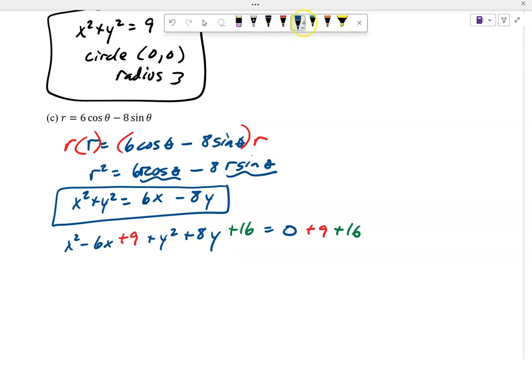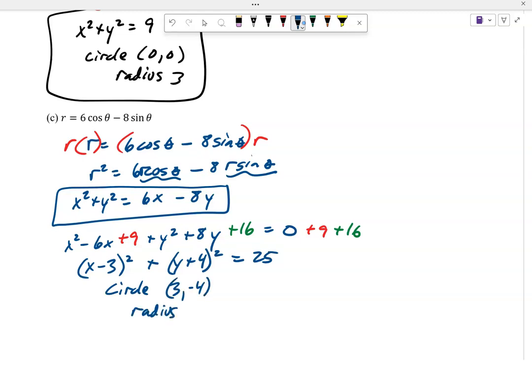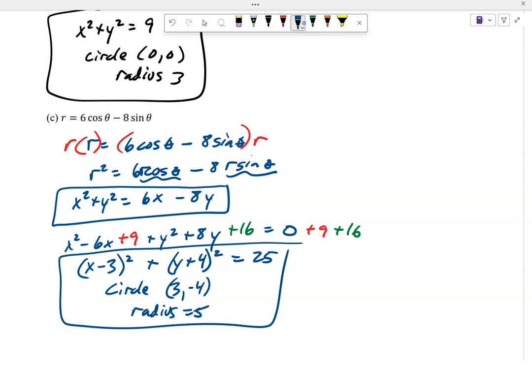That'll make that one a perfect square. So I get x minus 3 squared plus y plus 4 squared equals 25. So this is a circle centered at 3, negative 4 with a radius of 5. And that's your rectangular equation for that.